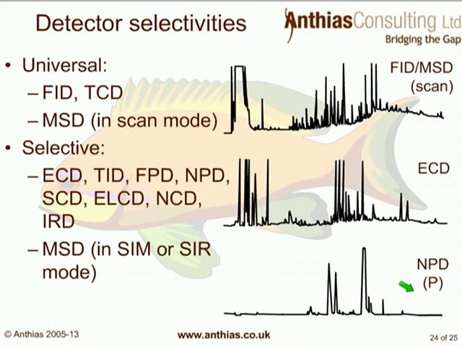Here we can see a chromatogram in phosphorus mode, and again, this is even more selective. Therefore, in our application, we could split between our mass spectrometer, our ECD, and our NPD in phosphorus mode, get 3 chromatograms, 3 lots of information, depending on what information we want to get out of our sample analysis.